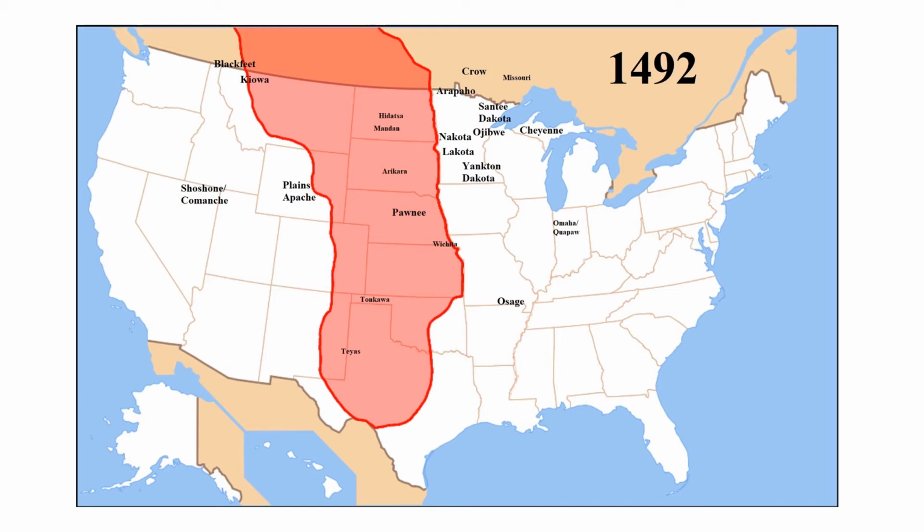The ones who were included the Hidatsa, Mandan, and Arikara in the north, and the Pawnee in eastern Nebraska, the Wichita, and down in the south, the Tawakoni and Tonkawas. The ones that are in the northern plains area there, Hidatsa, Mandan, Arikara, Pawnee, are along the banks of the Missouri River, which was a fertile area.